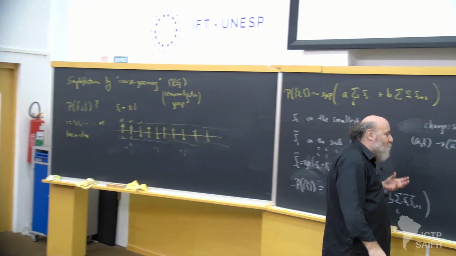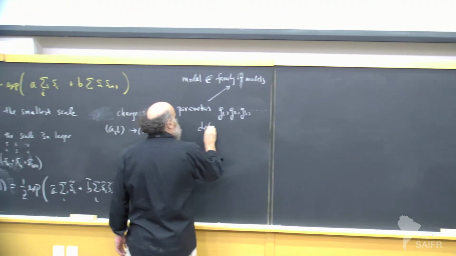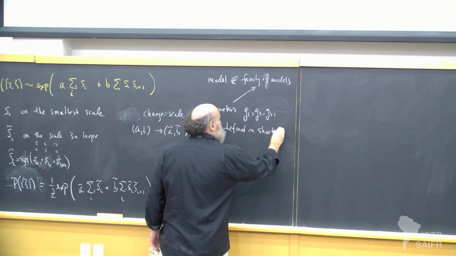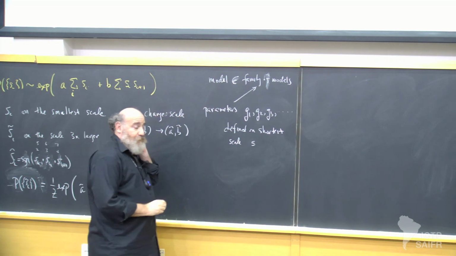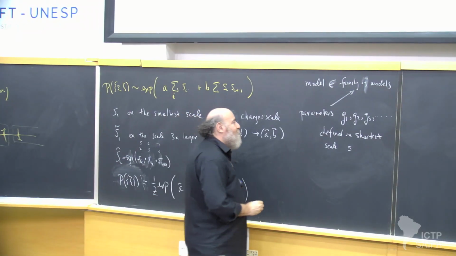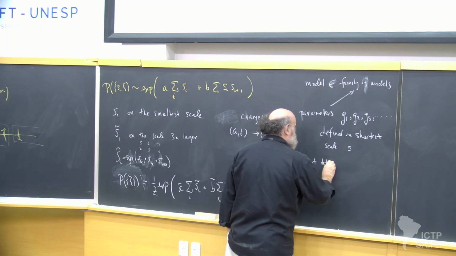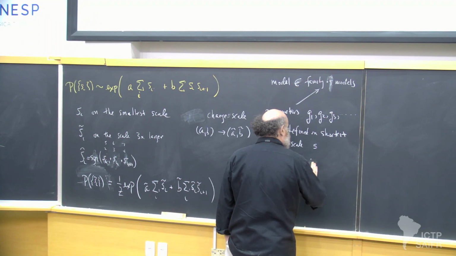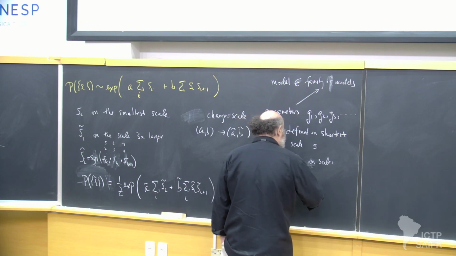So these parameters are defined on the shortest scale, which I could call a. And now the idea is that I'm going to average out details on scales shorter than L.